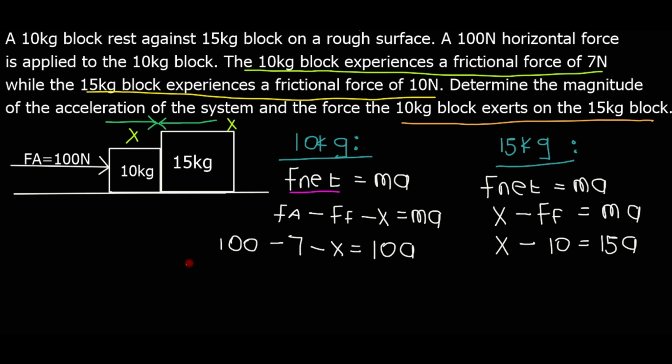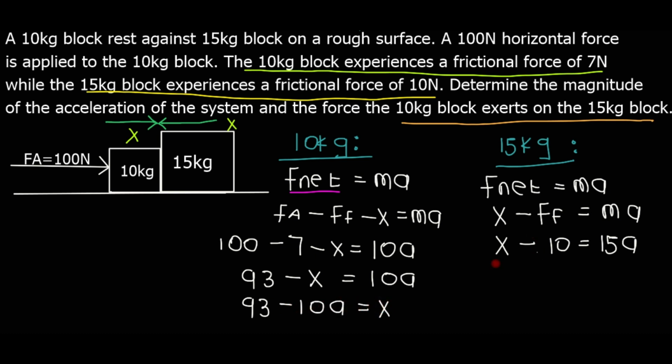So from there, let's add the like terms first. 100 minus 7 is 93, so we have 93 minus x equals 10a. Then we make x the subject, so we take this negative x to the other side, and we get 93 minus 10a equals x.